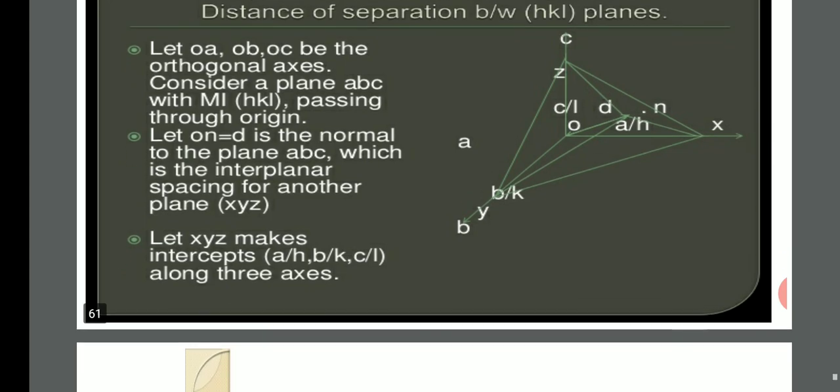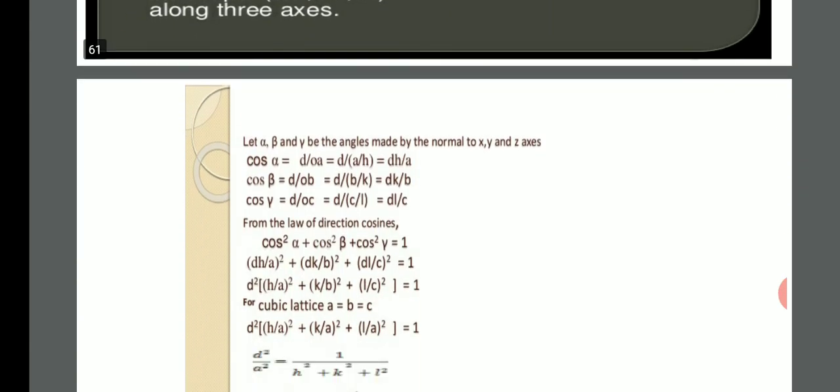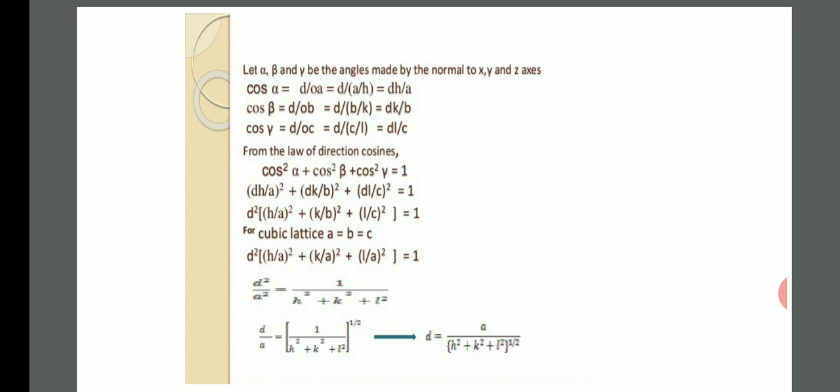Let ON equal d be the normal to the plane ABC, which is the interplanar spacing for another plane XYZ. Let XYZ make intercepts a by h, b by k, c by l along the three axes. Let alpha, beta and gamma be the angles made by the normal to the XYZ axes.